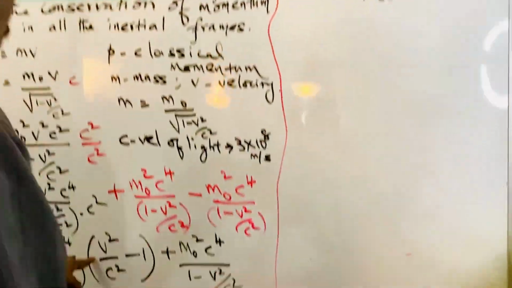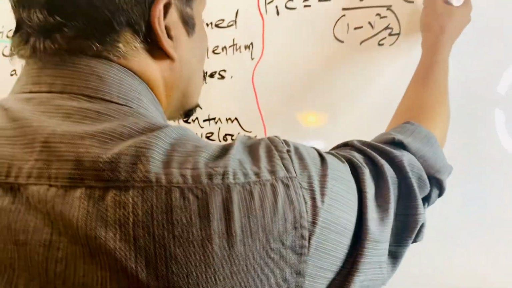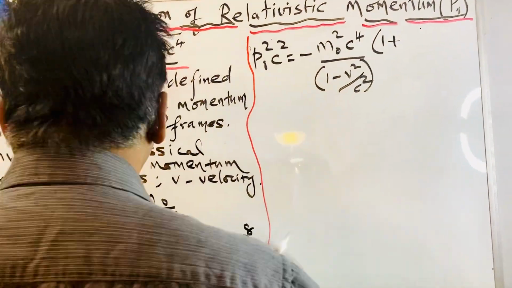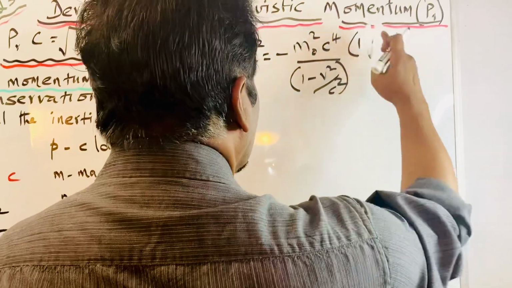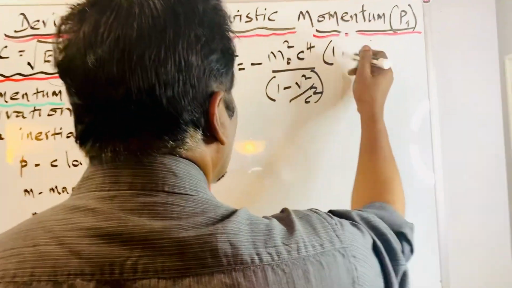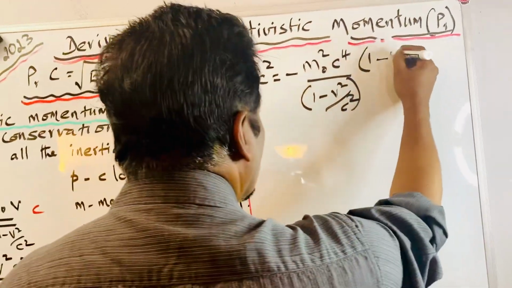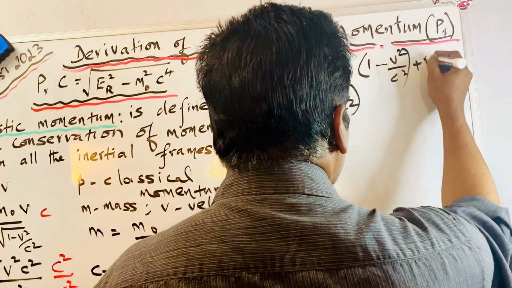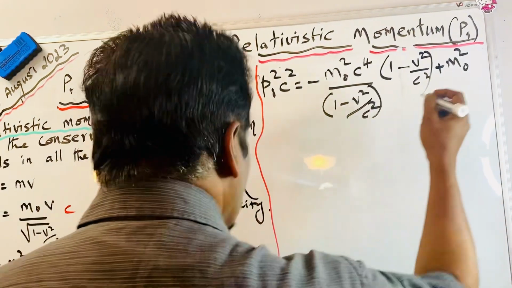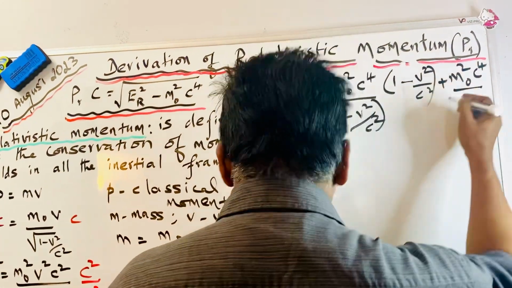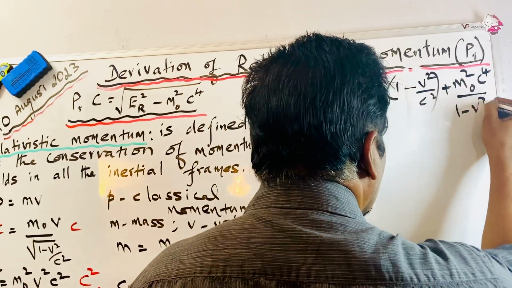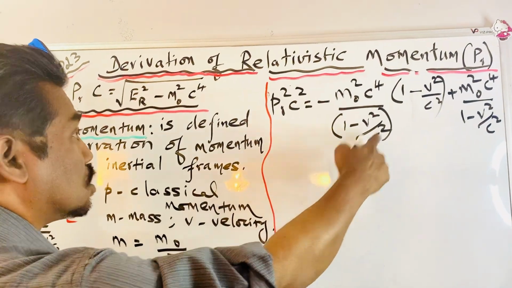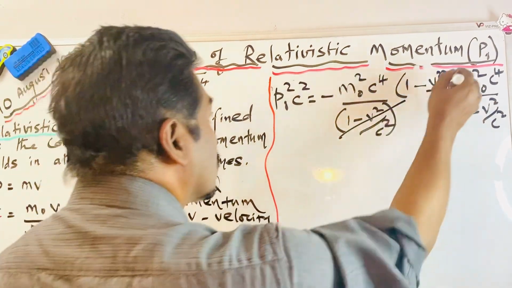Negative times negative is plus, so this plus will change into minus v square over c square, plus m0 square c power 4 over 1 minus v square over c square. Now you can see 1 minus v square over c square, 1 minus v square over c square, that cancel.